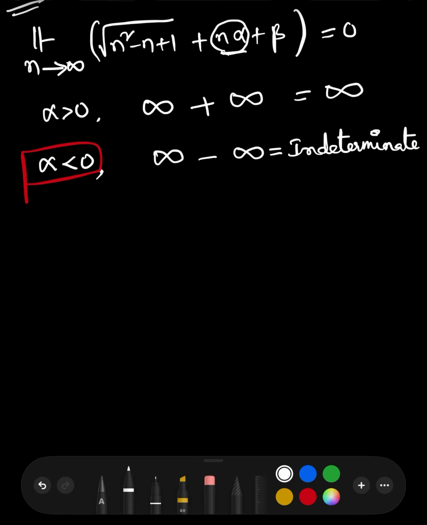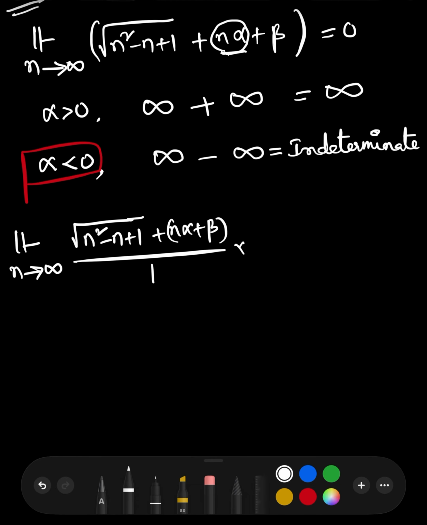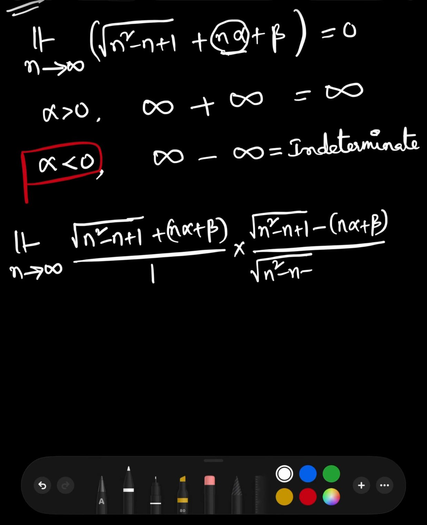Now coming to the further simplification, because a root is involved in this question, we want to do rationalization. Rationalize the numerator: root over n square minus n plus 1 plus n alpha plus beta, multiplied by root over n square minus n plus 1 minus n alpha plus beta, divided by root over n square minus n plus 1 minus n alpha plus beta, equals 0.